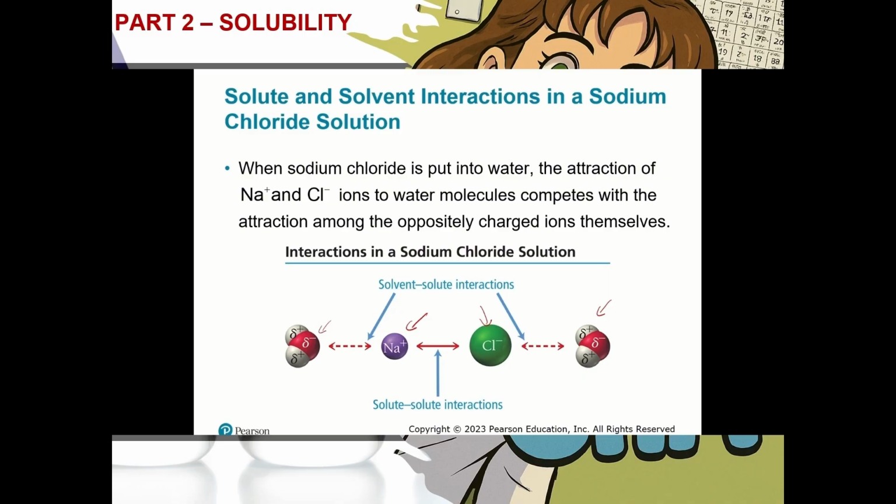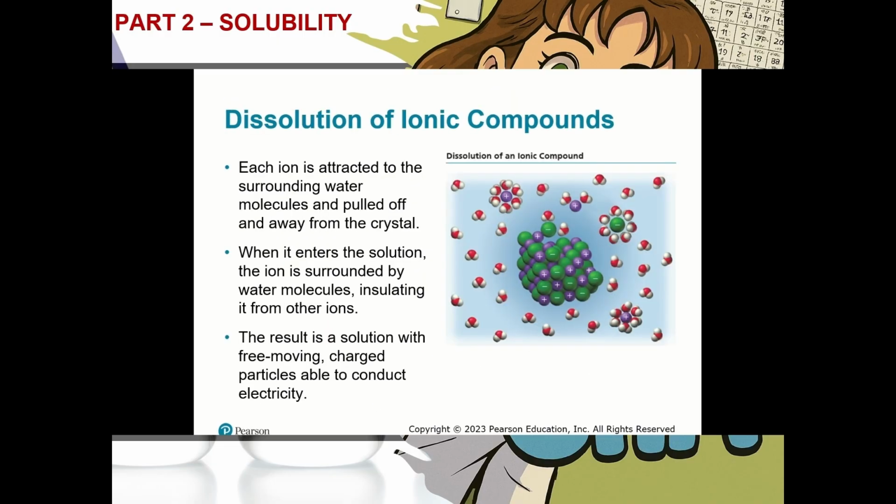This freedom to move is what keeps them free and what makes them a good conductor of electricity. So the solid sodium chloride dissolves as water molecules surround each ion. You can see here the positive ion surrounded by water molecules. Oxygen atoms of 6 water molecules surround each individual sodium plus ion, and the hydrogen atoms of 7 water molecules surround each individual chloride minus ion.